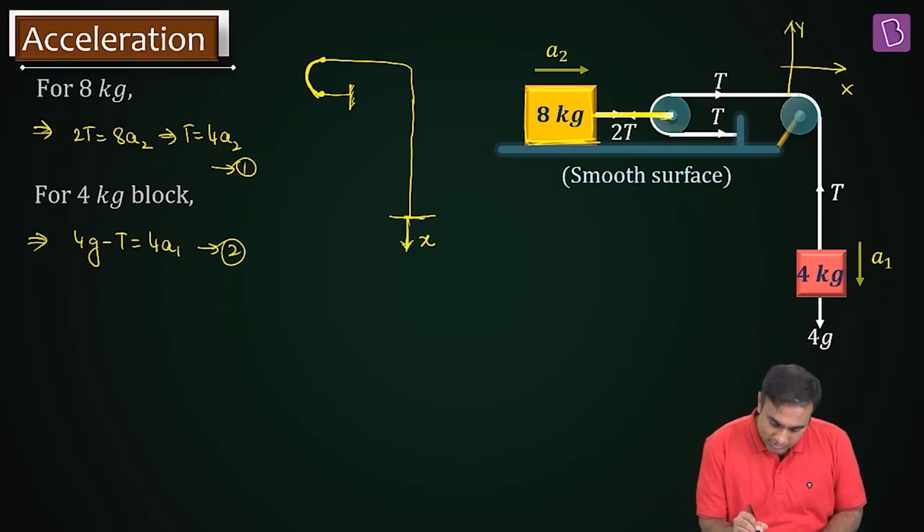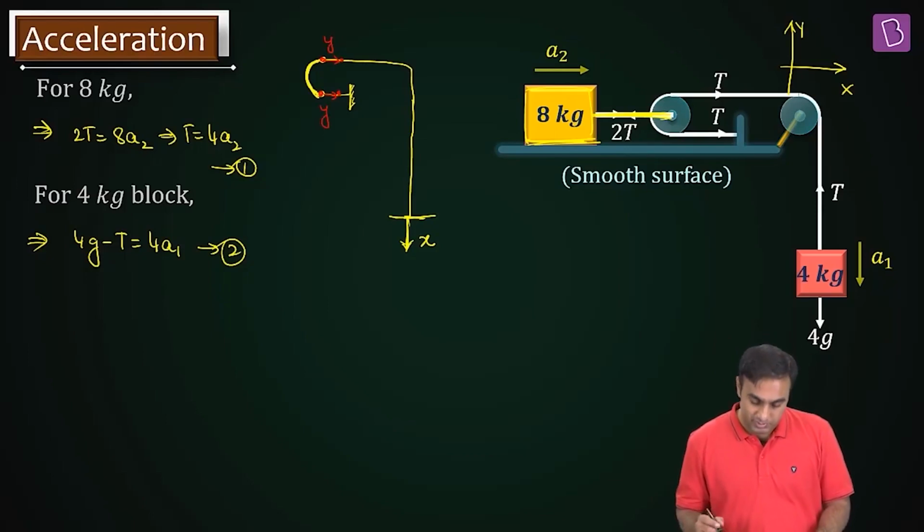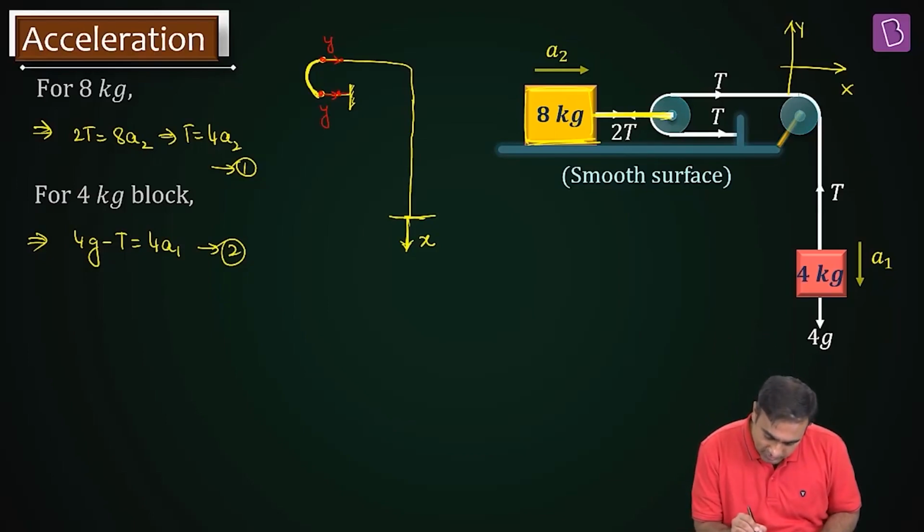So these 2 points here will also move by a distance y, and they come to this position. What is the new string diagram? It is like this.